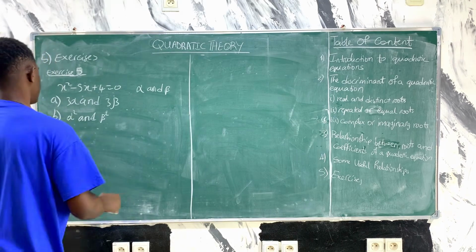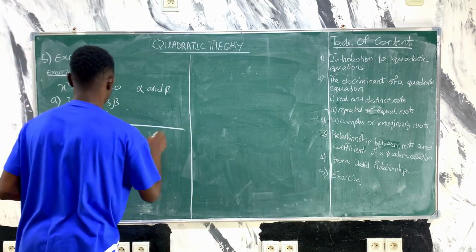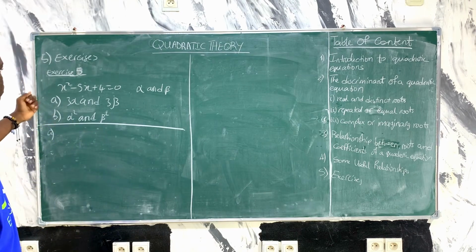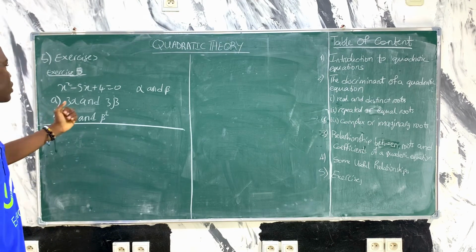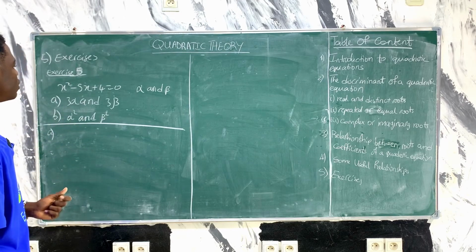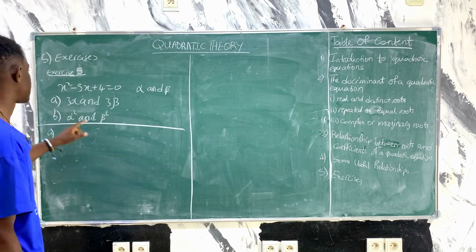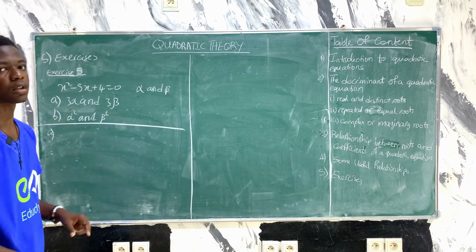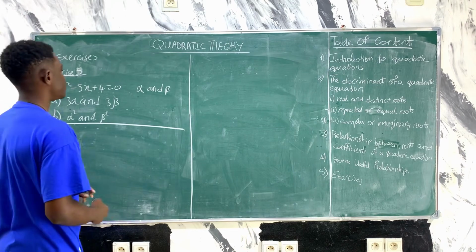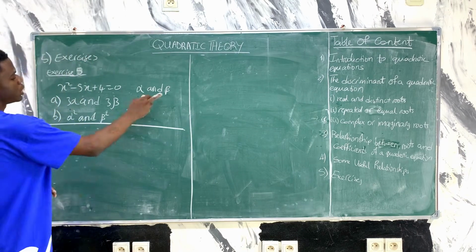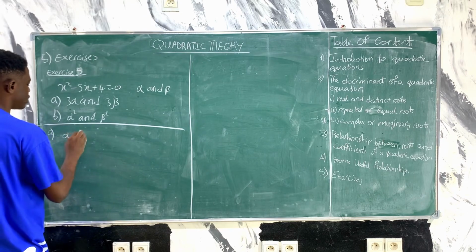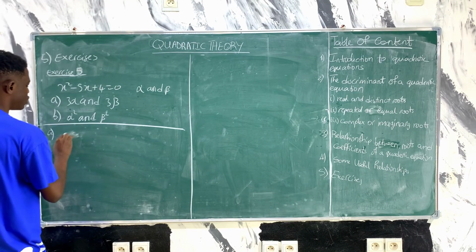Yeah, so let's start with A. So the question says we should find the new equation, the original roots are alpha and beta, and the new roots are 3 alpha and 3 beta. So what we have to do here is the sum of all roots. What is the sum of all roots? Alpha plus beta. Well, let's write it.